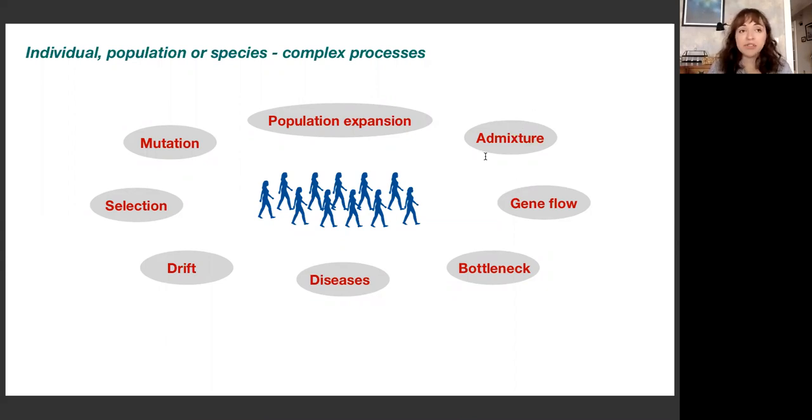There can be admixture between different populations or gene flow from one population to another. The populations can also experience some bottlenecks, and also there can be genetic drift. So all these complex processes, all these evolutionary processes shape the genetic variation that we see in the whole population. And the thing that we do in population genetics is to study this genetic variation.